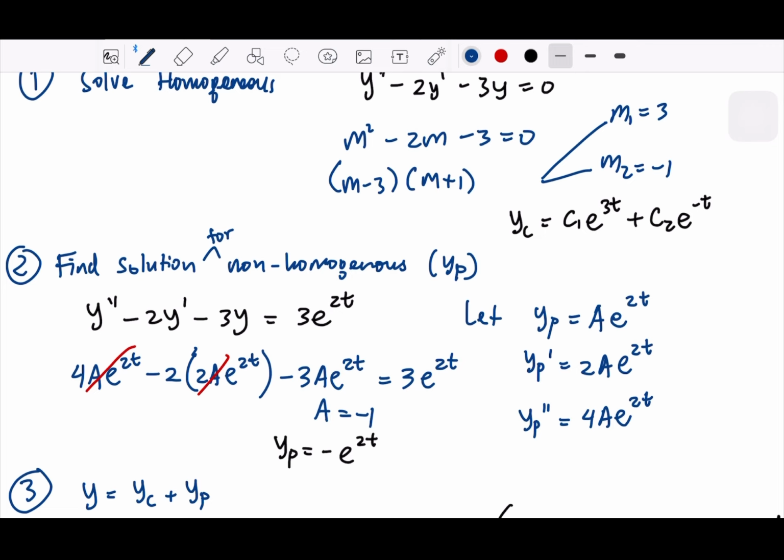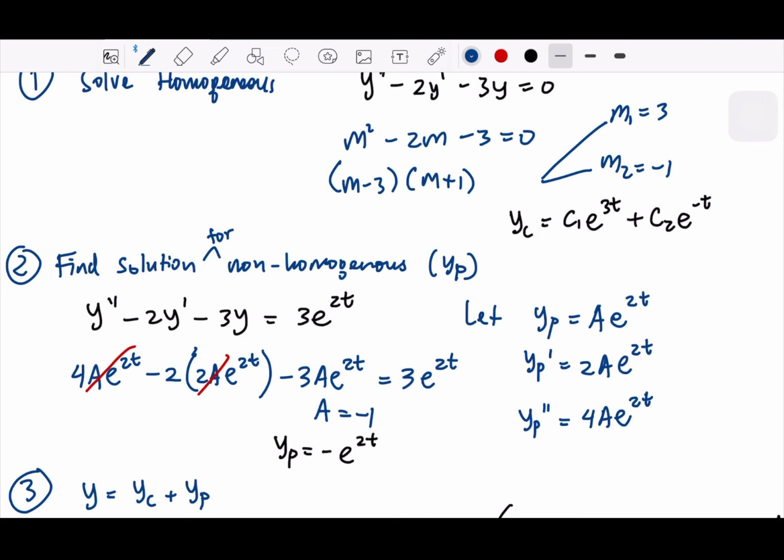Of course, that is going to be e to the power of 2t with some constant. That is a good guess for our yp. Let this happen and check with the first derivative and the second derivative, and put all those structures into our equation. Then we simplify and conclude that A is -1, and we propose that yp is -e to the power of 2t.